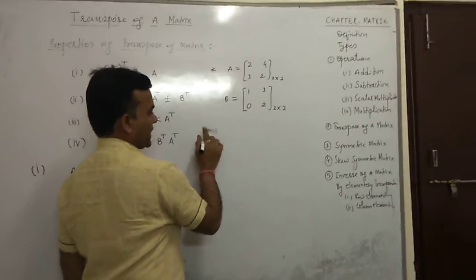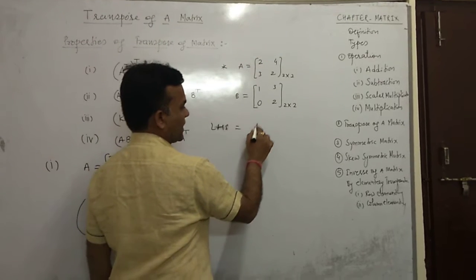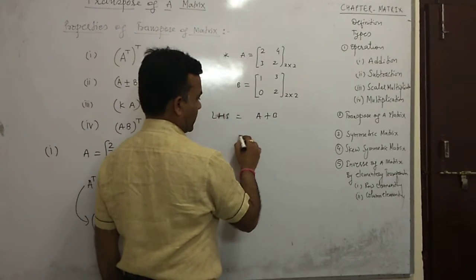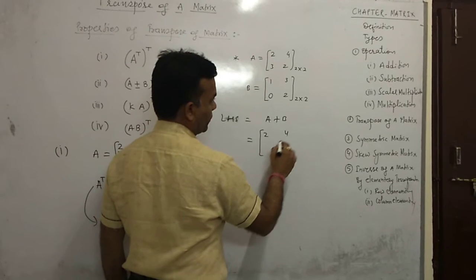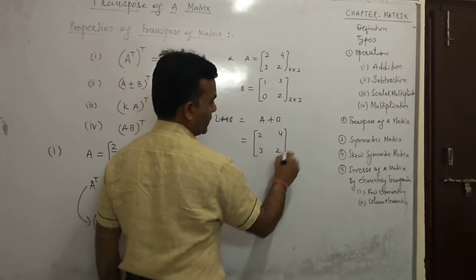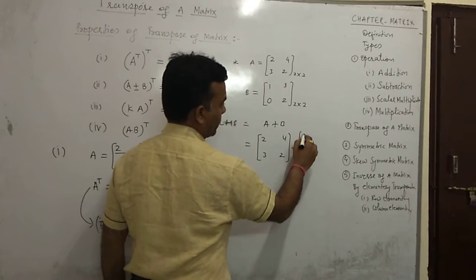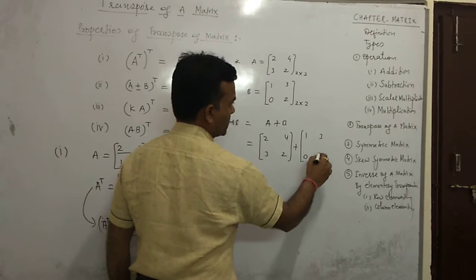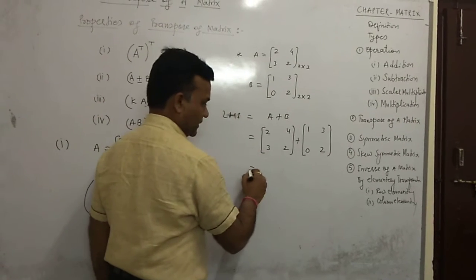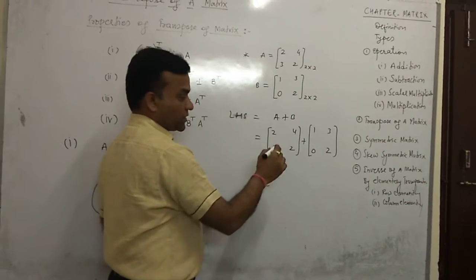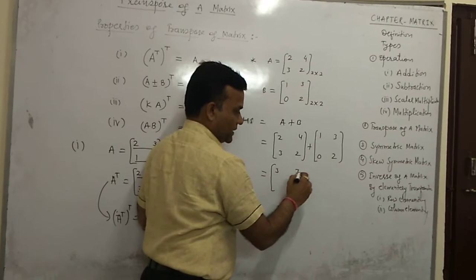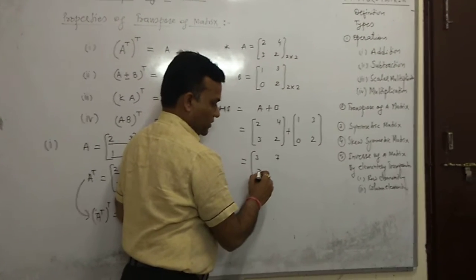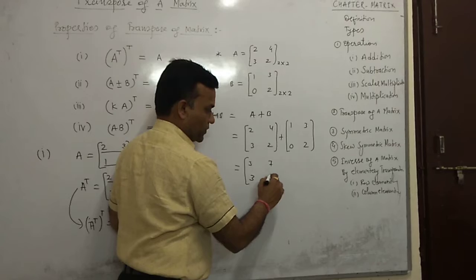So you write down the LHS part first. LHS is (A plus B) whole transpose. A plus B means you write down 2, 4, 3, 2 and add B, 1, 3, 0, 2, adding corresponding elements: 2 plus 1 is 3, 4 plus 3 is 7, 3 plus 0 is 3, 2 plus 2 is 4.